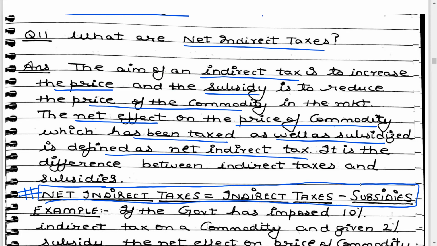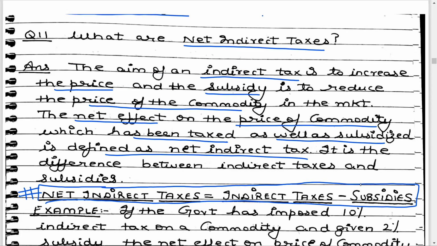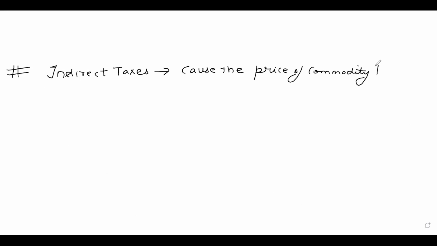The net impact on the price is captured by the net indirect tax. Okay. So if I come to the whiteboard to explain this in more depth to all students. If I talk about indirect taxes, they cause the price of the commodity to rise because the consumers now have to pay more for the same commodity.